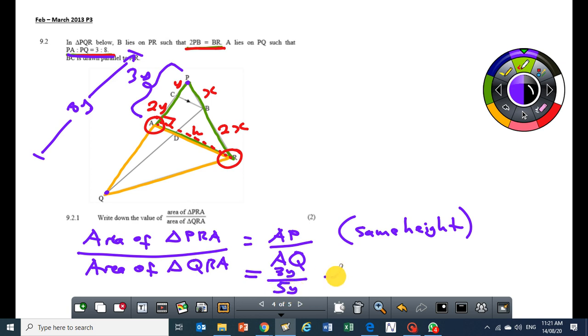So the final answer will be 3 over 5. So we have our AP there as our base, and we also have our AQ as our base. And then we are done. So that will be the answer.